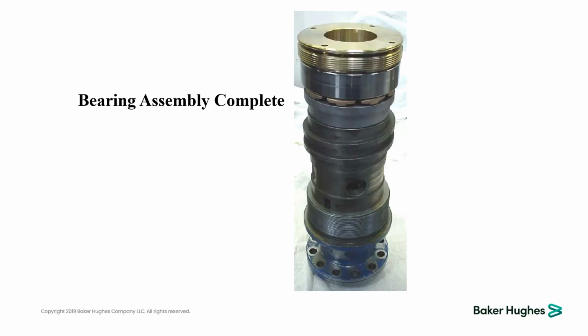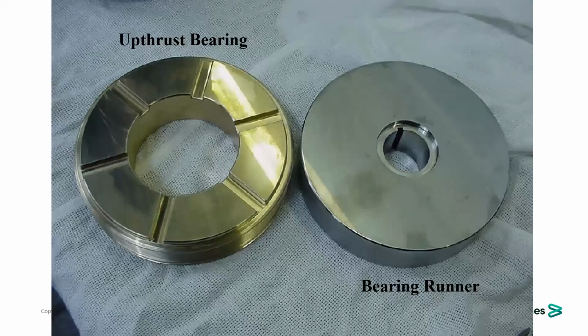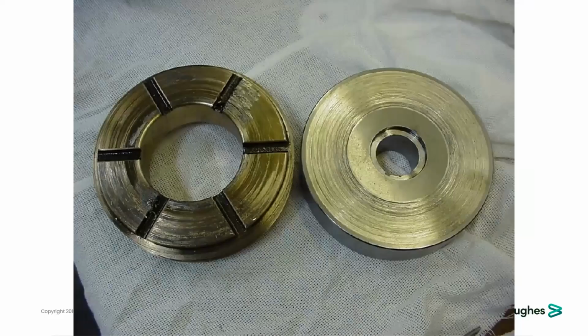This bearing assembly has the bearing runner and upthrust bearing, and that bearing is responsible for absorbing the thrust. If you look at these photos, for example, this is an example of a thrust bearing and runner affected by thrust transferred from the entire ESP system to the thrust bearing of the ESP seal section.